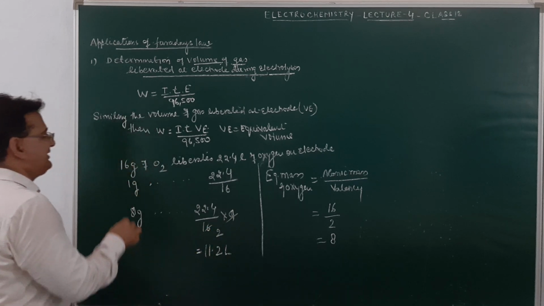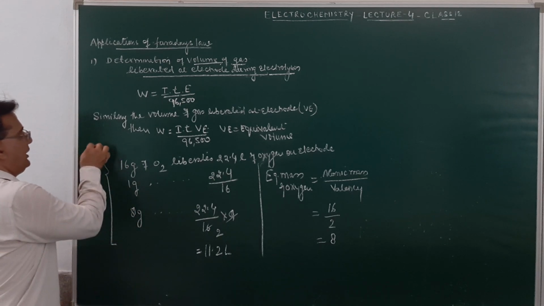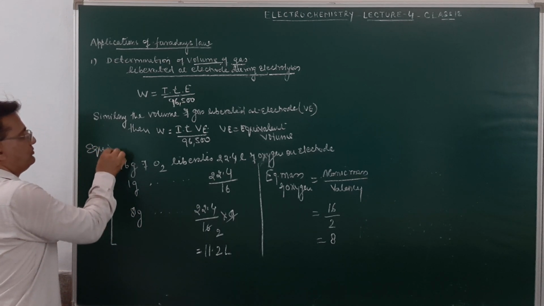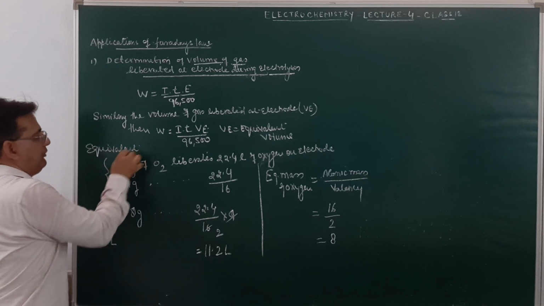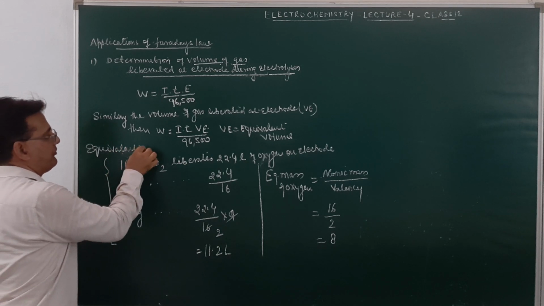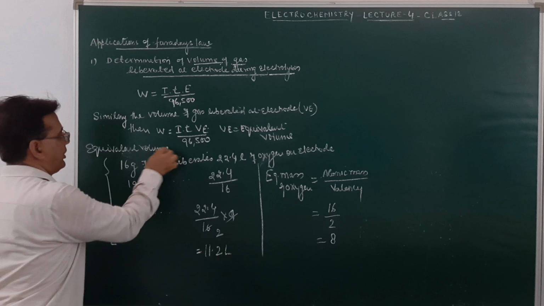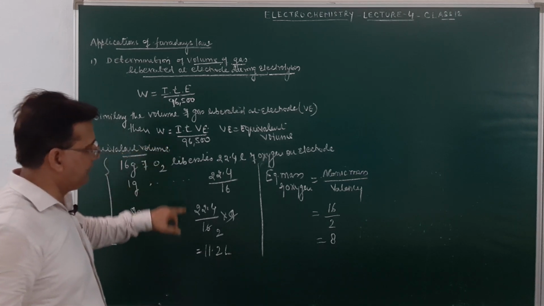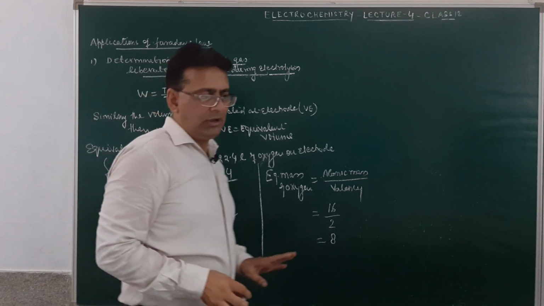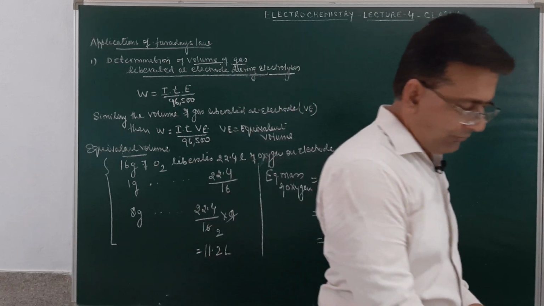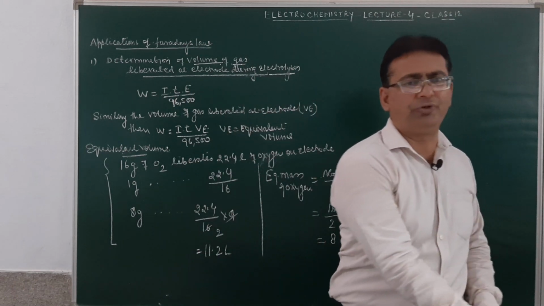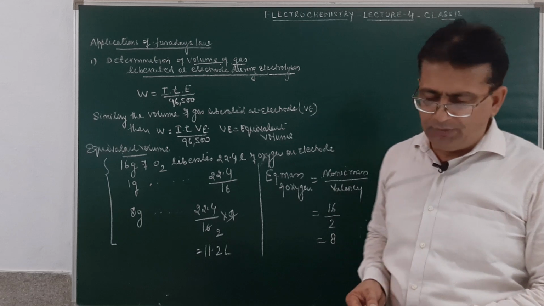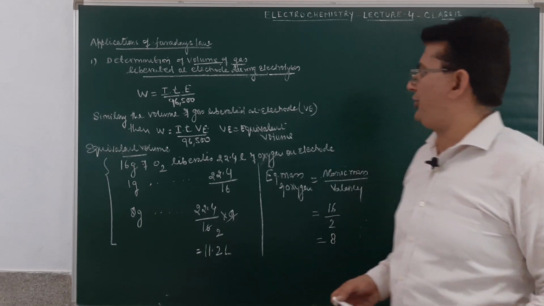So, you must know how to calculate the equivalent volume. If you know how to calculate the equivalent volume, then numerical problems related to this can be easily solved. In terms of Faraday's law, we may find out the mass of a substance deposited on the electrode or the volume of a gas liberated at the electrode.